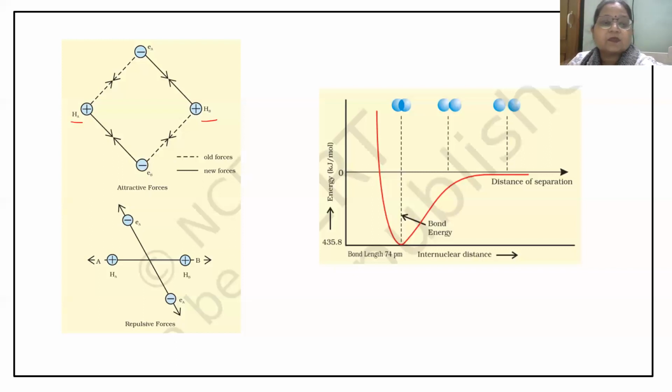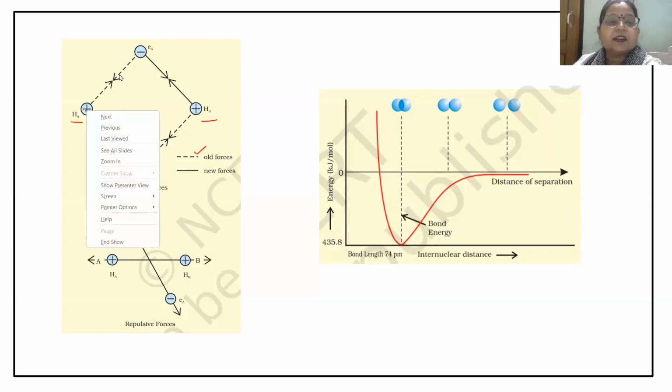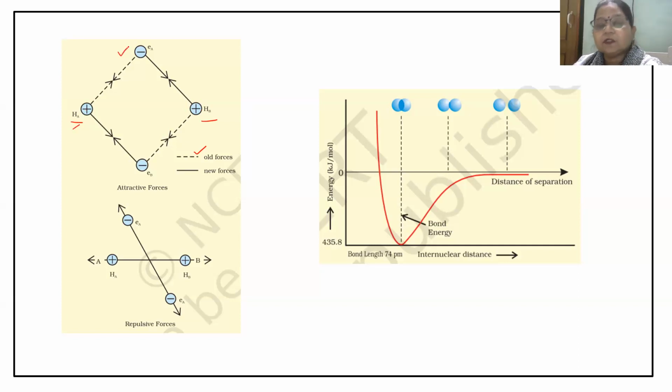The old forces are represented by the dotted lines. The proton of one atom is attracting the electron of another atom. This is in both cases. The proton of HA atom is attracting the electron of A atom. Similarly, the proton of HB, the second atom, is attracting the electron of the second atom.